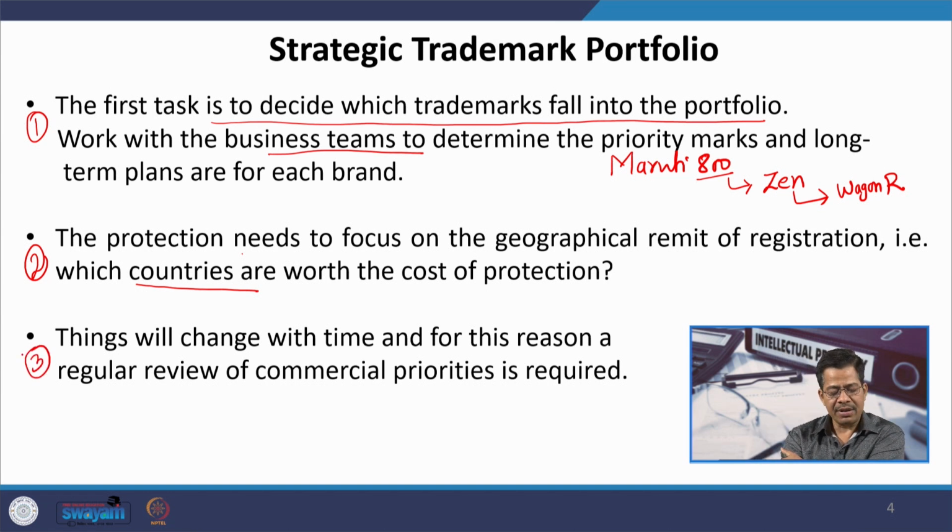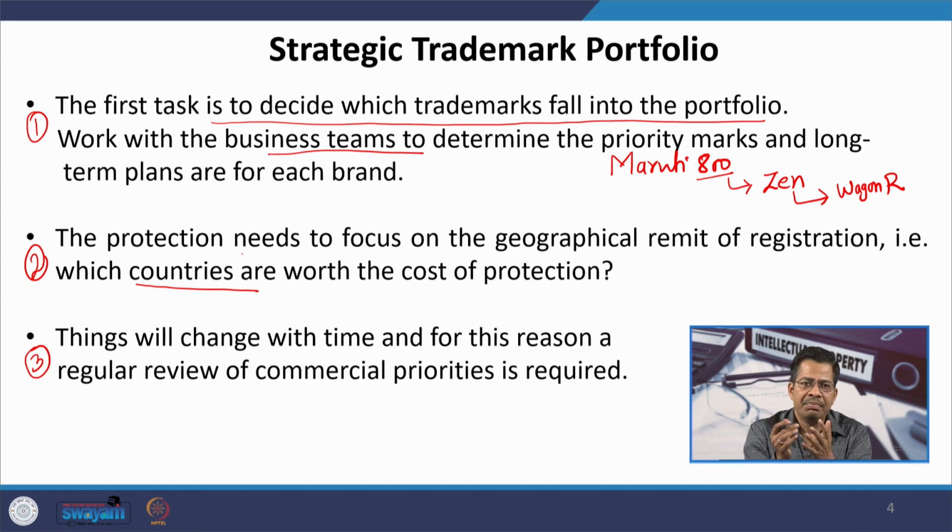The third important thing is that what is important today will not remain important all the time. With the passage of time, your priorities will change, and therefore you have to regularly review your commercial priorities.